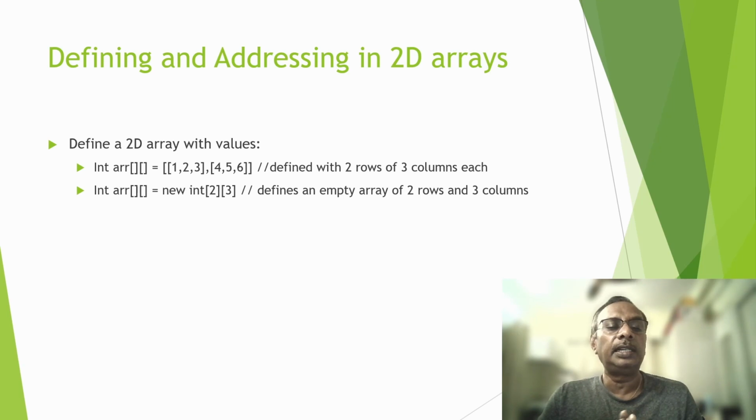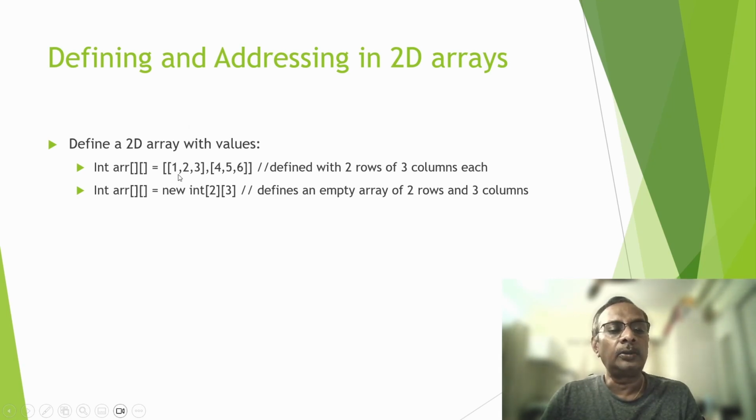Before that, we need to see how a two-dimensional array is defined. It's very similar to a single dimensional array, but we will use two square brackets. So int, the variable name followed by two square brackets, equal to, there will be an outer square bracket which represents the entire array, inside which each row is encapsulated in a square bracket.